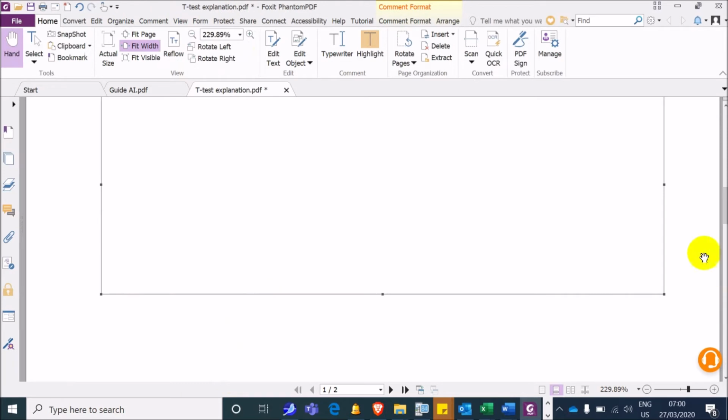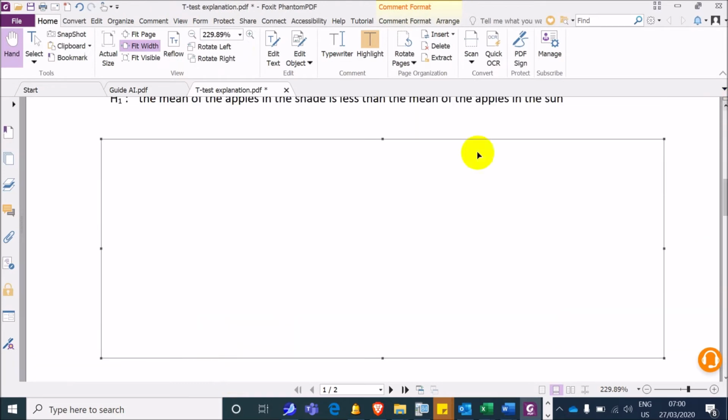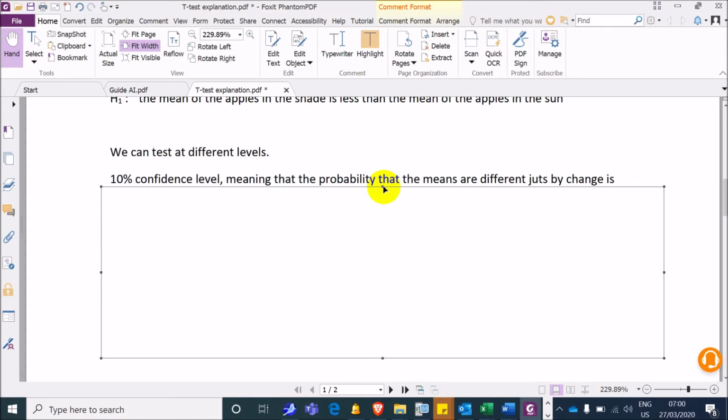Next step. We can test at different confidence levels. It depends a bit how precise you want your conclusion to be. In statistics, we normally use 3 different confidence levels, 10%, 5%, and 1%.